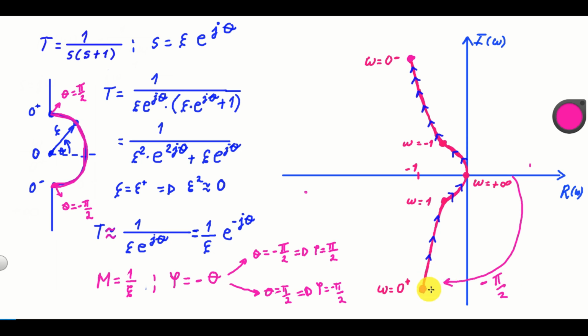And again, keep in mind that this is at infinity. That is, it's going to be close to the negative part of the imaginary axis, and for the negative part of the imaginary axis, the phase is actually minus pi over 2. So everything is consistent. Okay, to summarize.